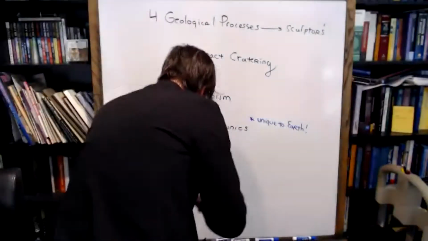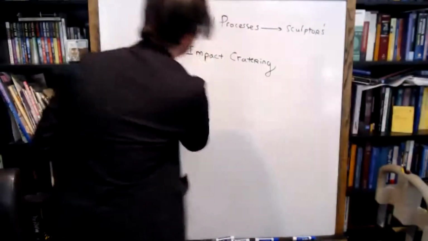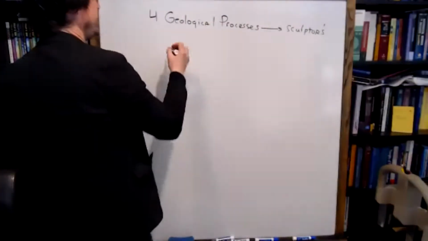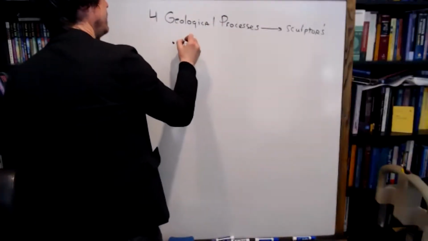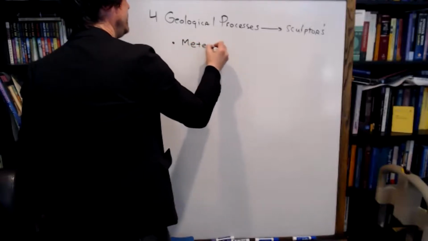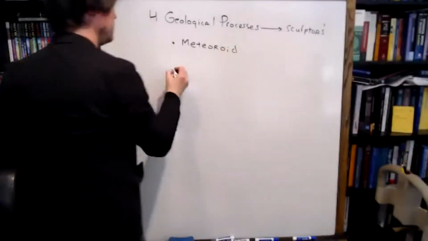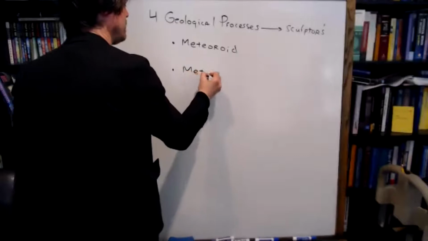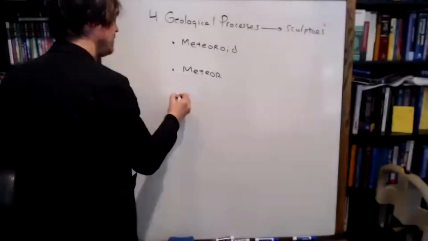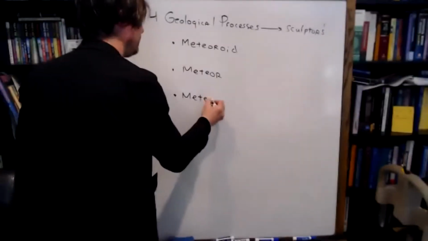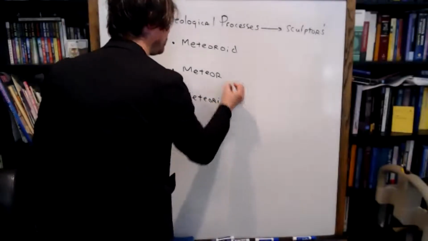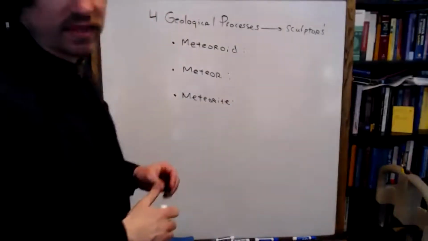I want to bring up 3 terms and see if you guys know the difference. There is a meteoroid, there is a meteor, and then there's a meteorite. I don't suppose anyone knows the difference between these 3 things.